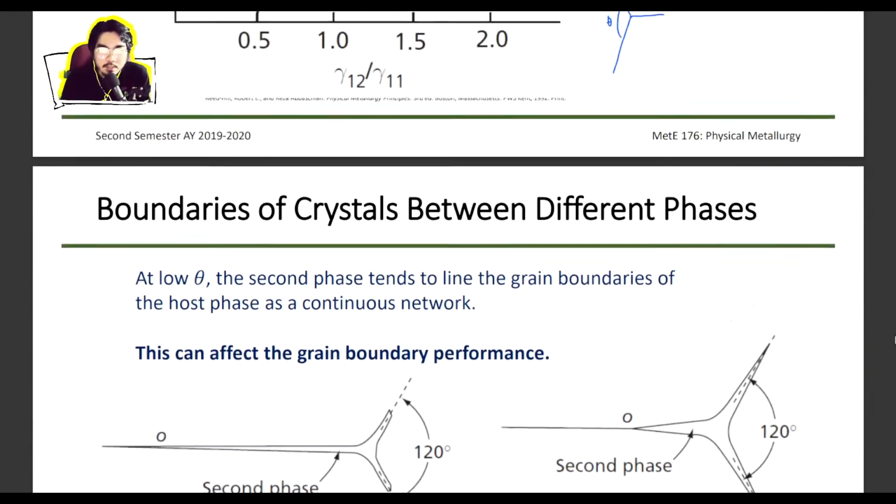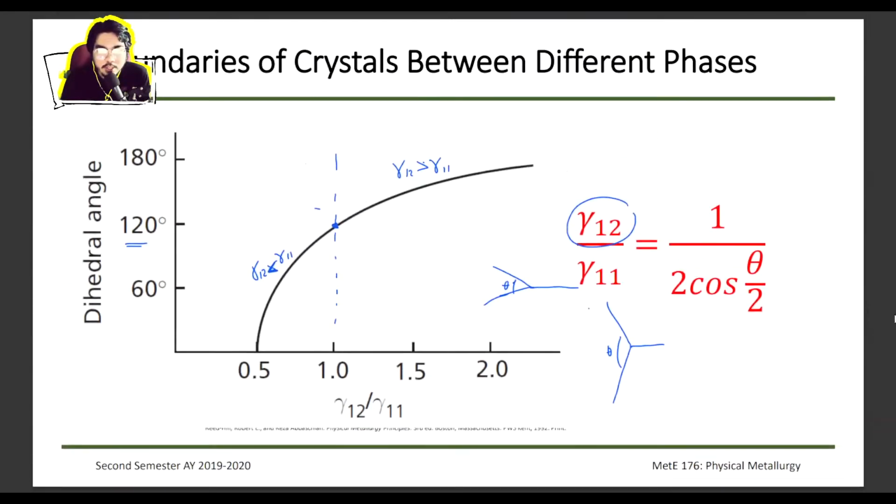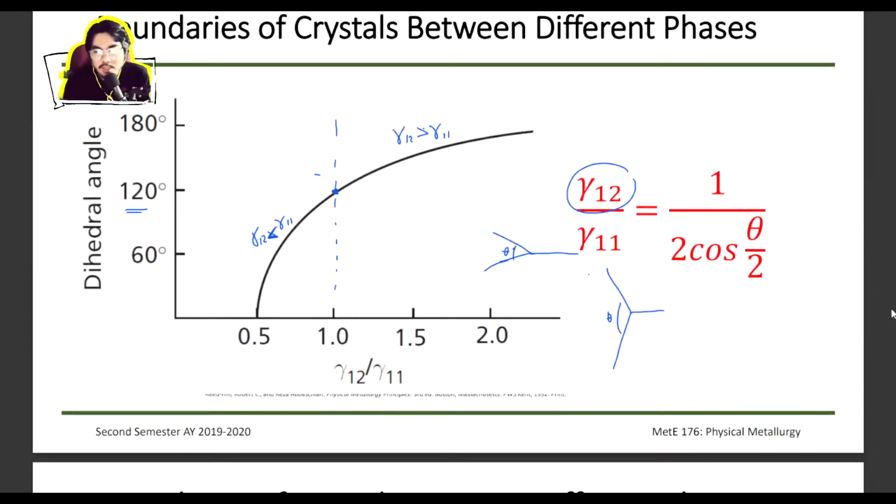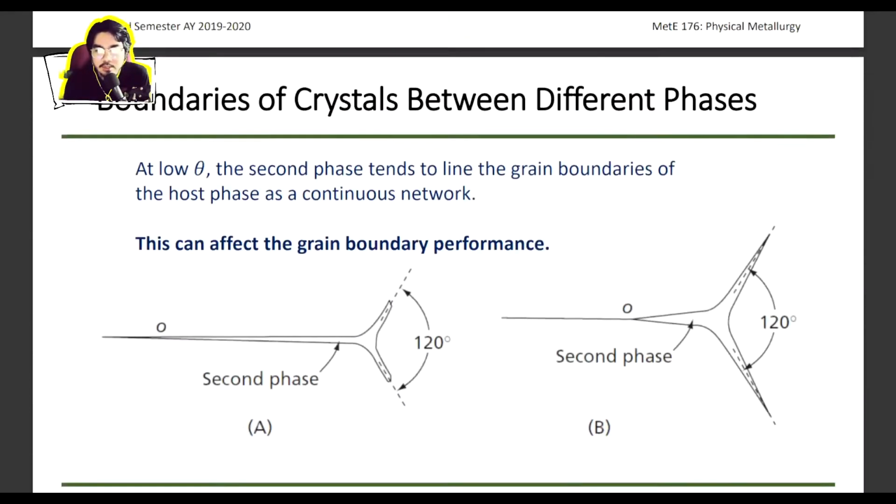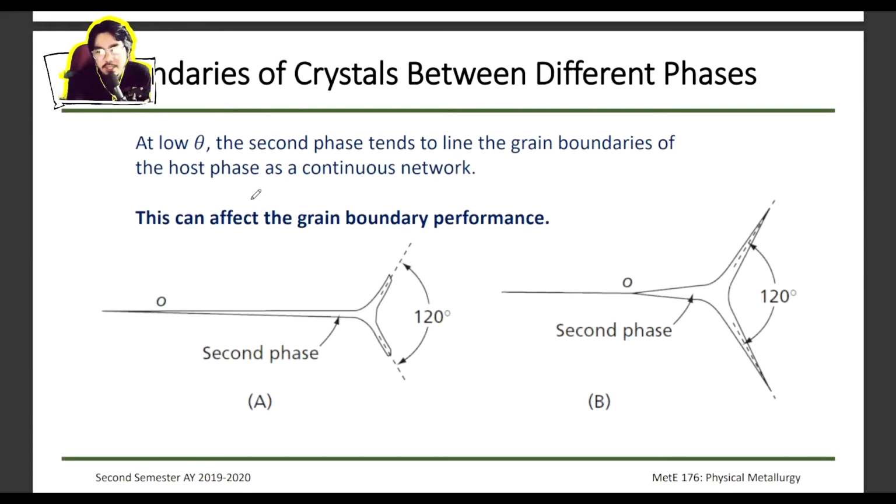So this is important because makakapag-produce ka ng mga unique cases dito, no? So try to imagine na meron tayong dihedral angle that is lower than 120 degrees. So this is a case where sigma 1,2 is lower than sigma 1,1. Okay?